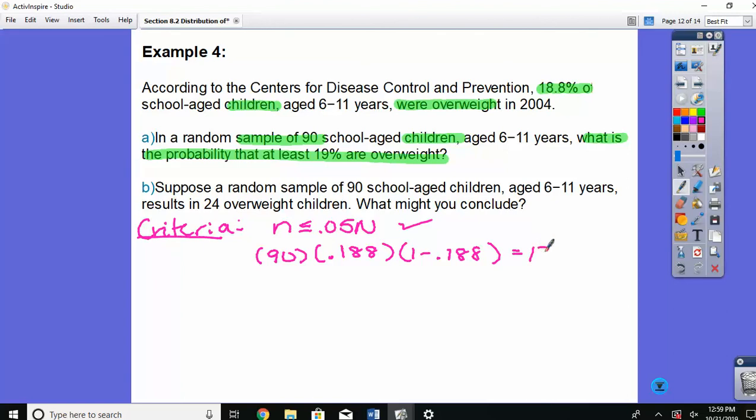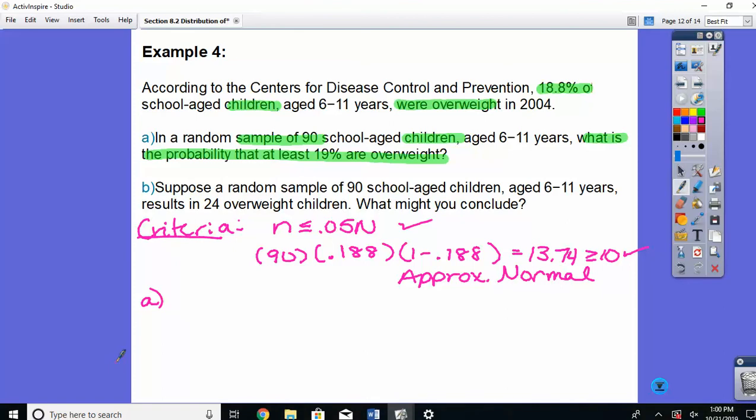And that gives me 13.74, which is greater than 10, so we know it is approximately normal. Okay, so we've done our criteria, now we can move on to the actual question.